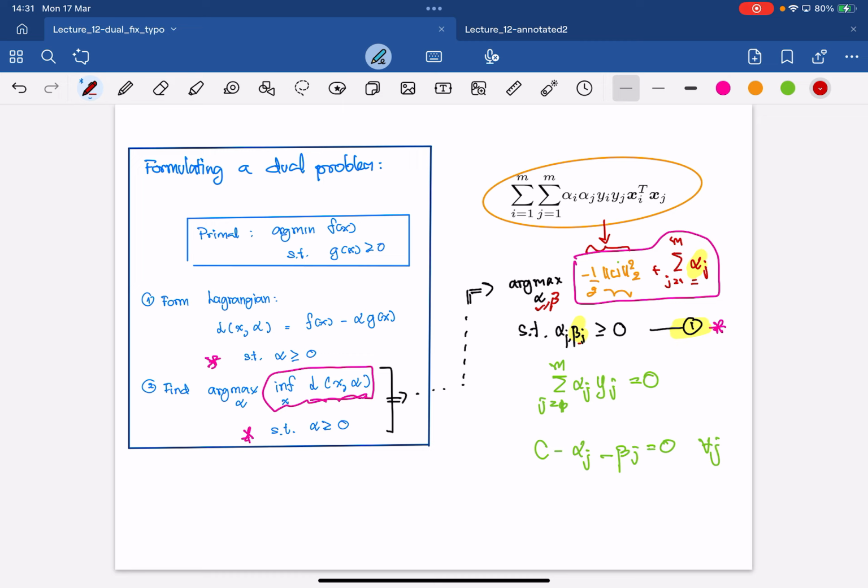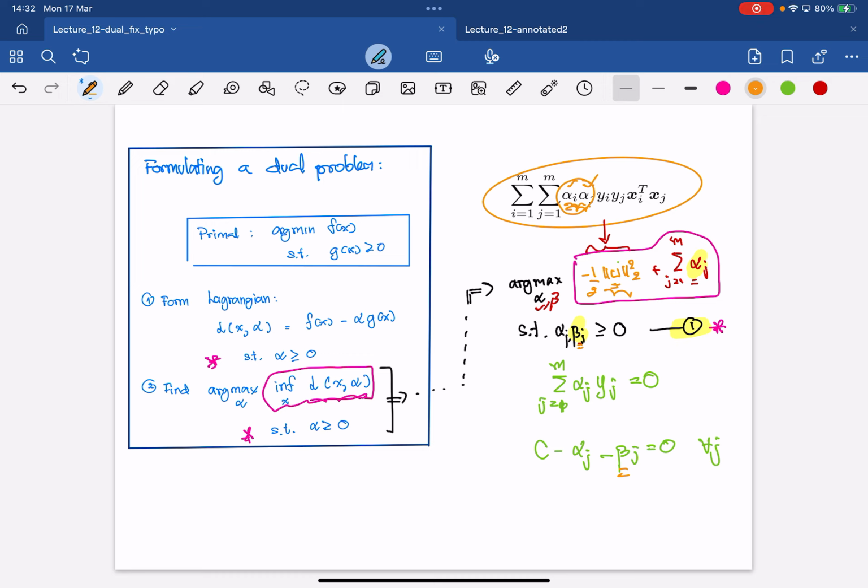If you look carefully, I cannot really cancel this term, because if you put it back to where it came from, it's alpha i, alpha j. So you have an affine term of alpha, and you have some condition for beta. I'm not sure, but I think this one is quadratic in alpha. So it's a quadratic in alpha.